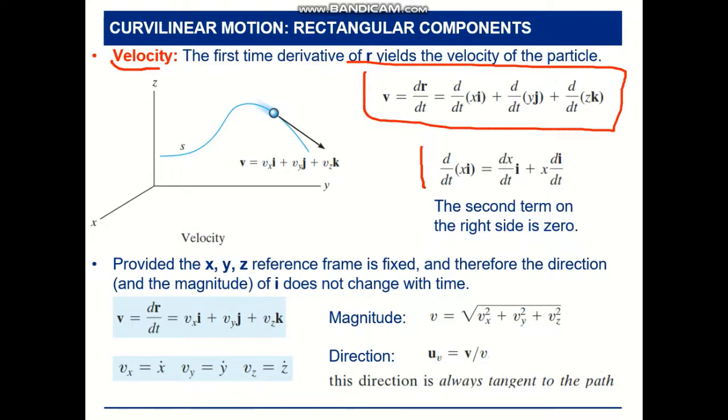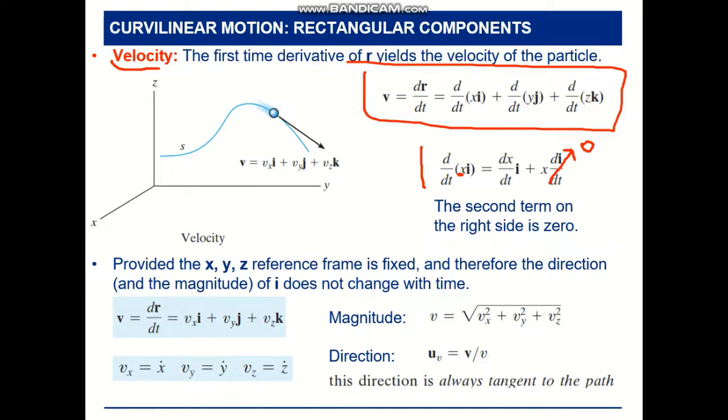So for xi, we take the first derivative of x, multiply by i, then plus, we take x as a constant outside and take the derivative of the unit vector. This unit vector is constant, and the derivative of any constant is going to give us 0, so this term is gone.